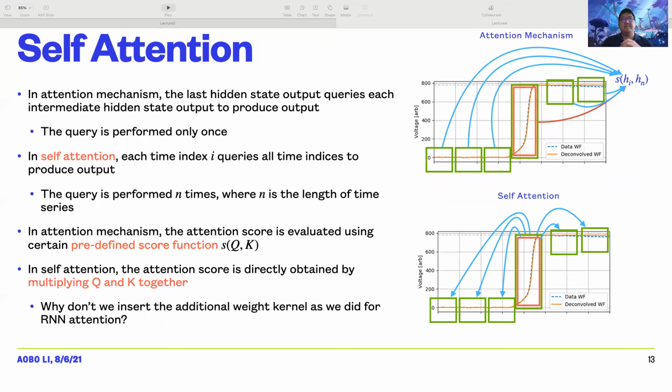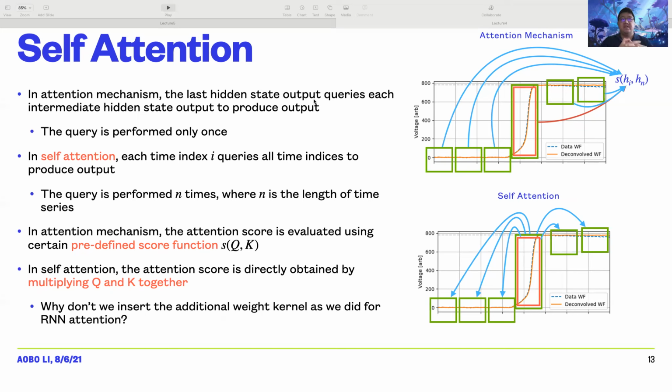Okay, so in the attention mechanism, the last hidden state's output queries each intermediate hidden state output to produce a context vector. So the query is performed only once: the last hidden state output queries every intermediate hidden state output. In self-attention, the story is a little bit different.